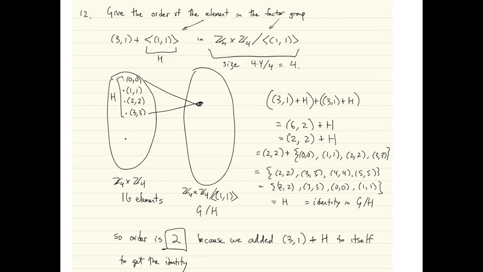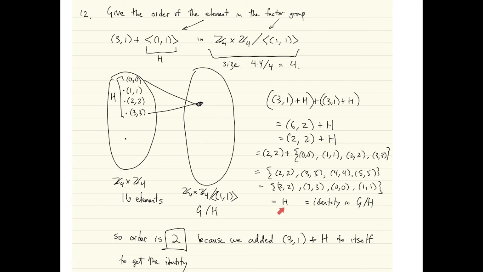And then because (6, 2) is the same as (2, 2) in this group Z4 cross Z4, that's what I've done next. 6 is the same as 2 mod 4. Okay, and to make things concrete, what is this coset? Let's just list all the elements. Well, (2, 2) plus the set of elements that is H, and then I add (2, 2) to each of these, and so I get (2, 2), (3, 3), and so forth.